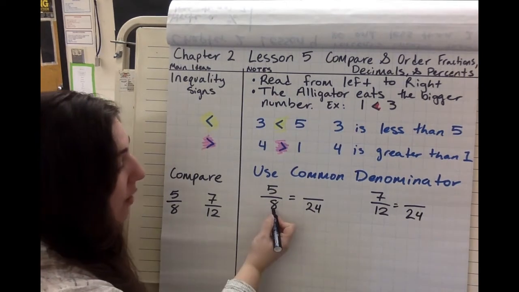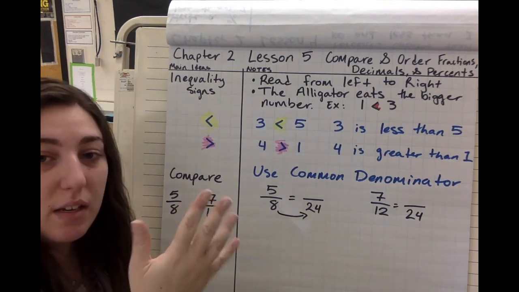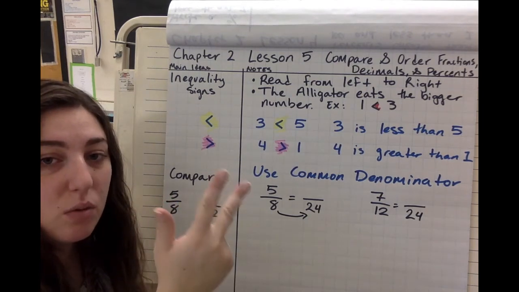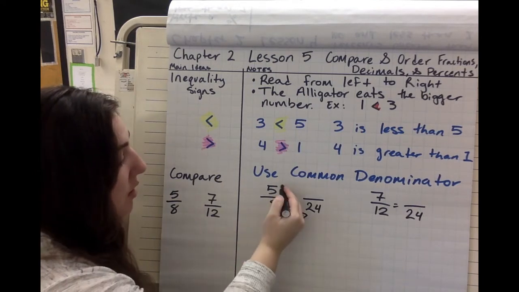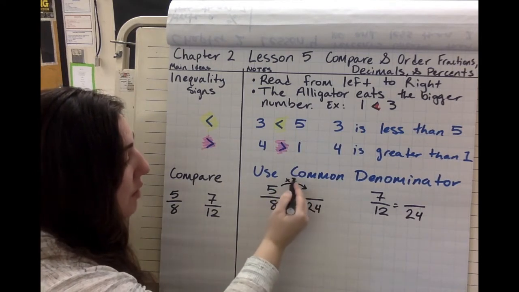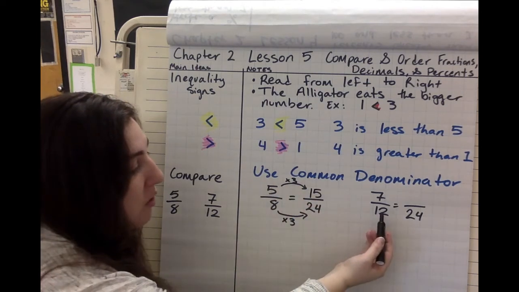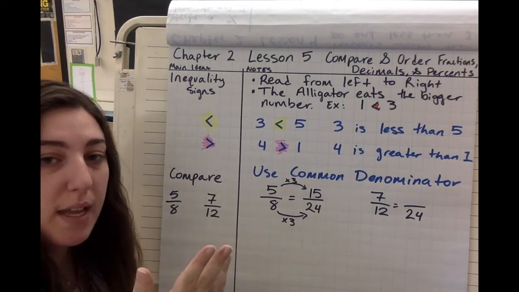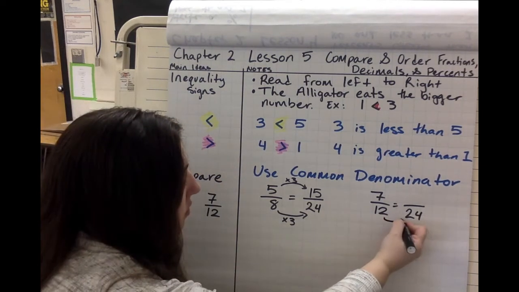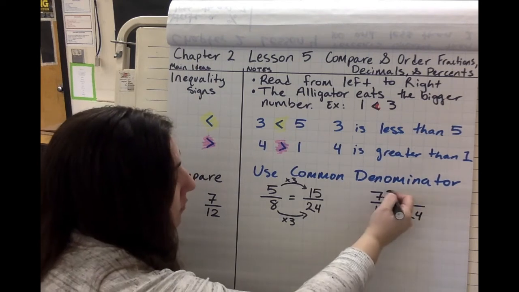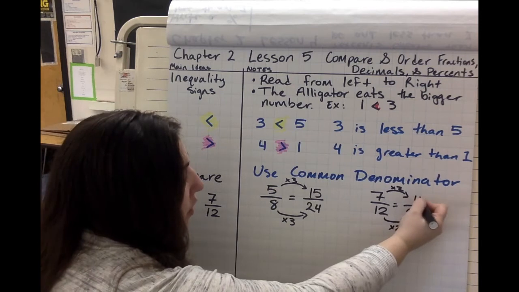Now how do I get from 8 to 24? Skip counting 8, 16, 24, so times 3. I do the same to the top: 5 times 3 is 15. Now over here, counting 12, 24, so times 2. Same to the top: 7 times 2 is 14.